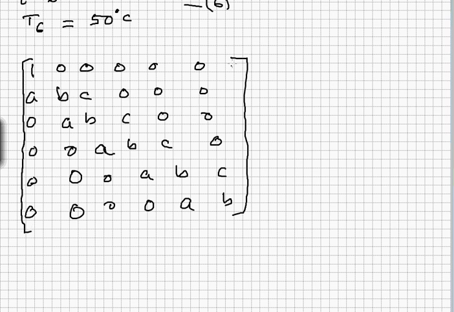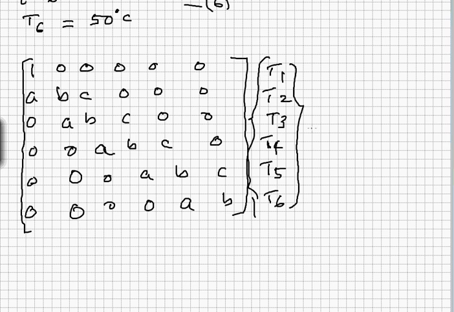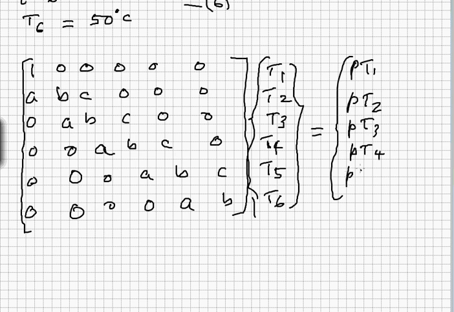Which will be multiplied by, I left it up here, T1, T2, T3, T4, T5, T6, which is equal to T1, T2, T3, T4, T5, T6 on the right side.